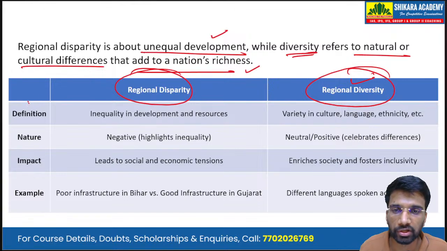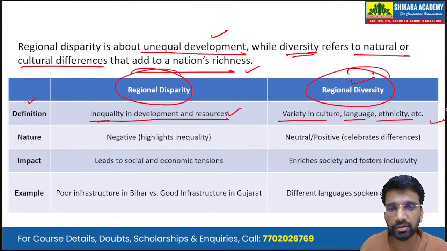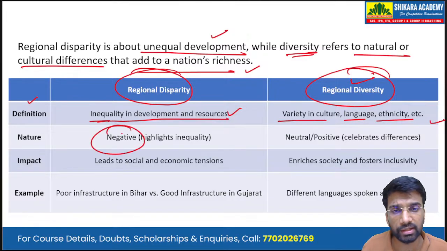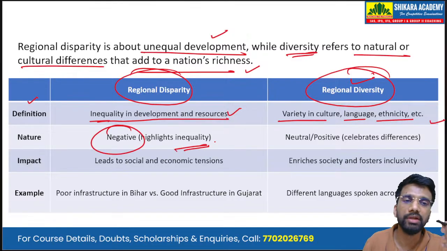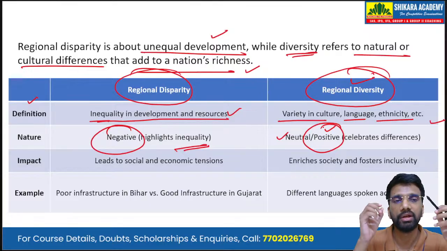In definition, regional disparity is inequality in development and resources. Regional diversity is the variety in culture, language, and ethnicity. The nature of regional disparity is negative because it highlights inequality. The nature of regional diversity is neutral or, in many cases, positive because it celebrates the differences.